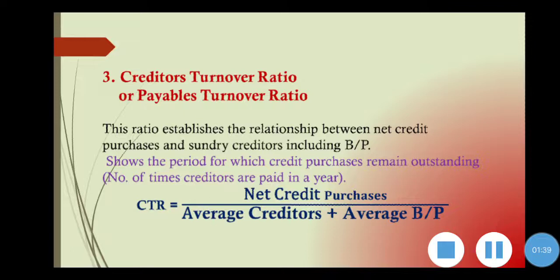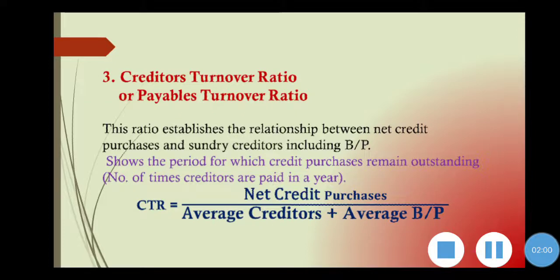Suppose the company is purchasing goods from XYZ company on credit, here XYZ company is the creditor of the company. Creditors turnover ratio shows how frequently the company pays XYZ company on account of the credit purchase.